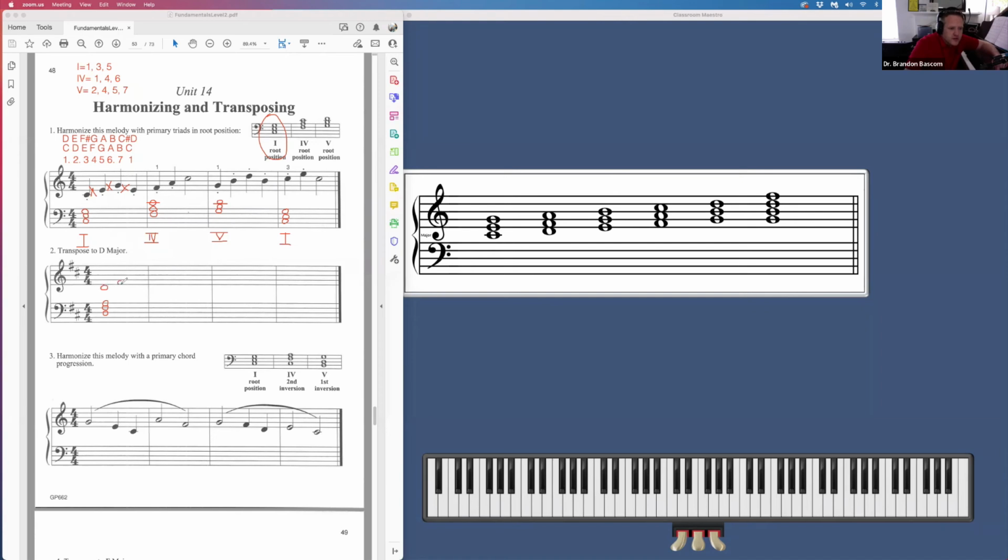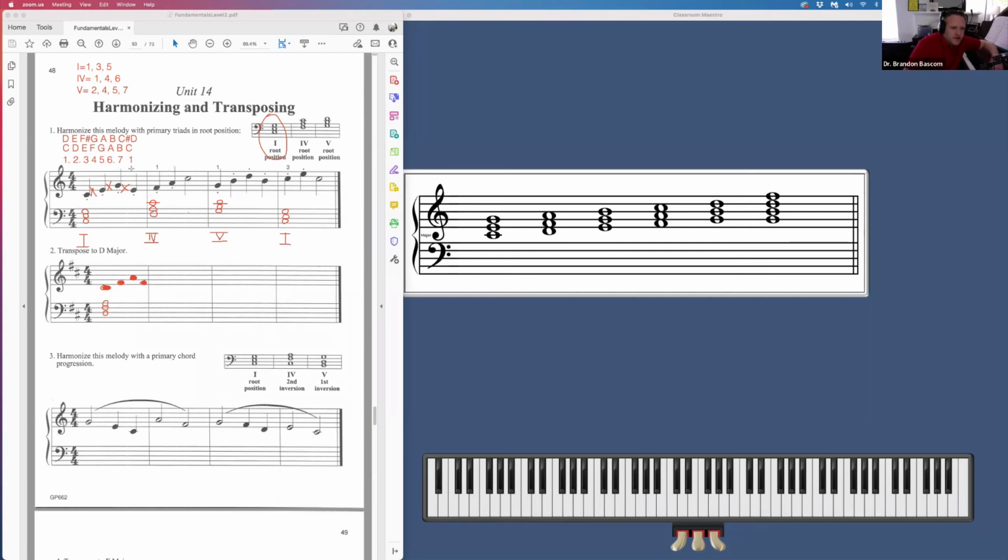And I should have colored those in. Okay, and we just follow that pattern.